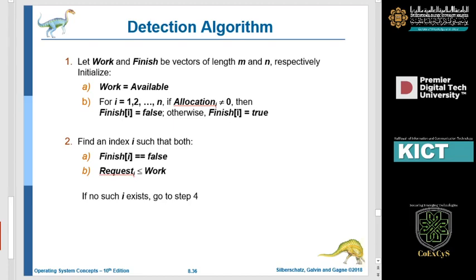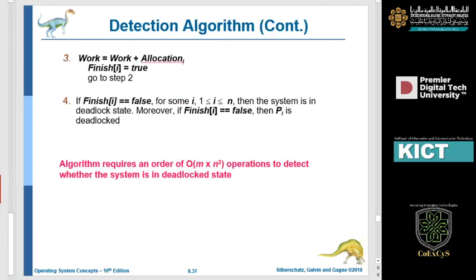If we don't have enough resources, then we still continue requesting. And if some processes are not finished, then we detect a deadlock. So if Finish[i] is false for some i up to n, the system is deadlocked. Basically, if some processes cannot finish, then it is considered a deadlock.